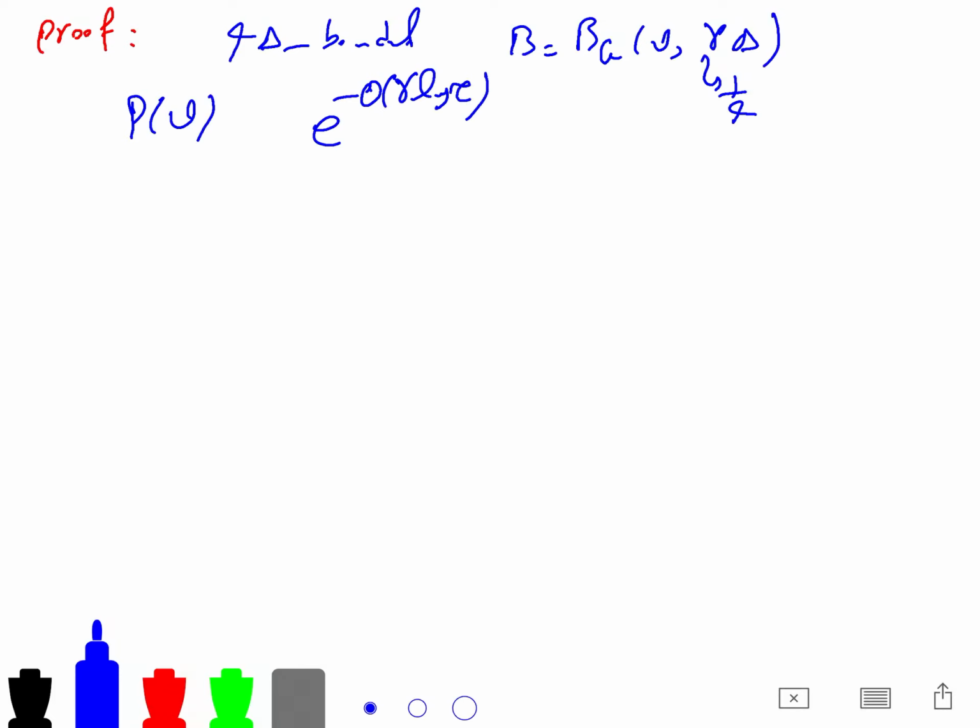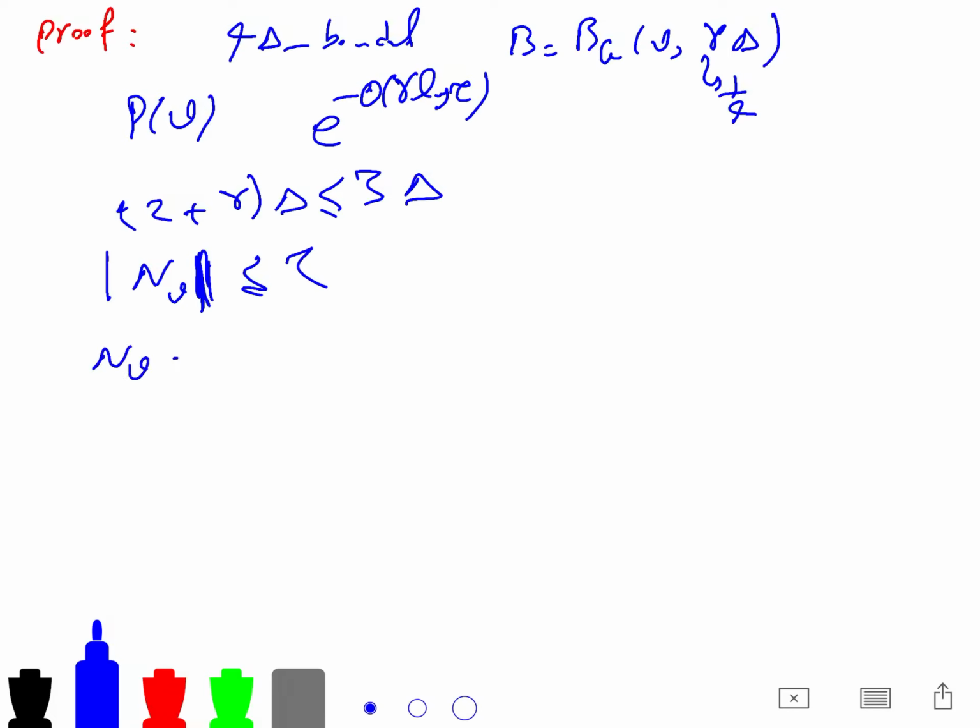And following the calculation in claim 1, each vertex joins the cluster of a center at distance at most 2 delta. So by the triangle inequality, all the centers in N are at distance at most 2 plus gamma delta, which is less than 3 delta from V, and in particular NV, the cardinality is less than 2.